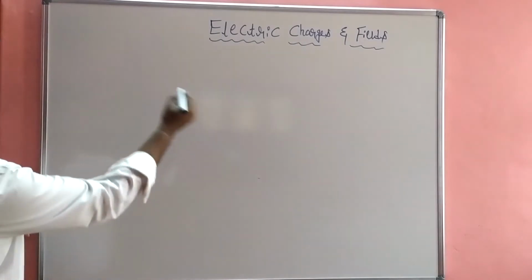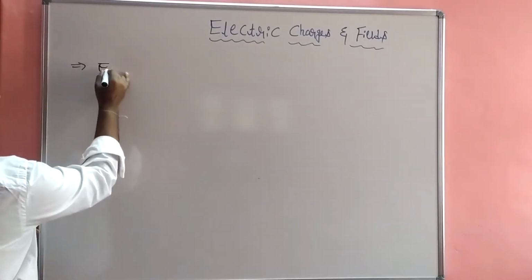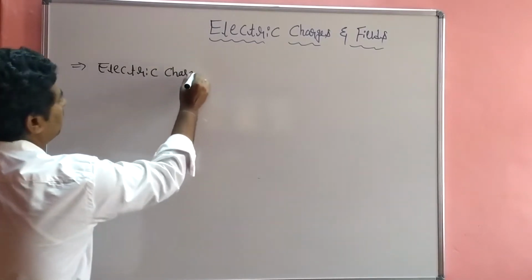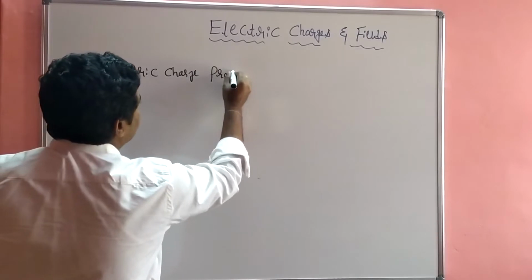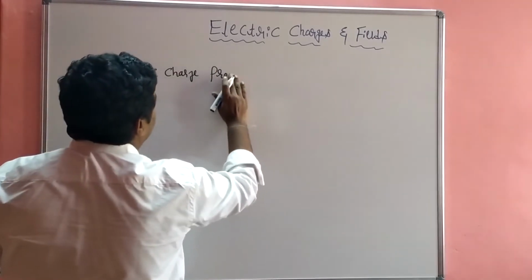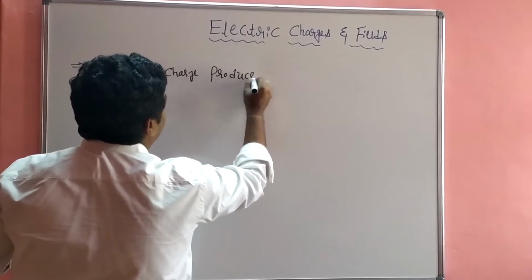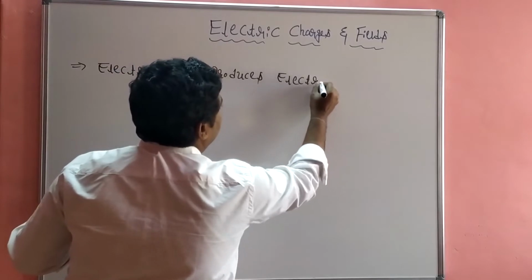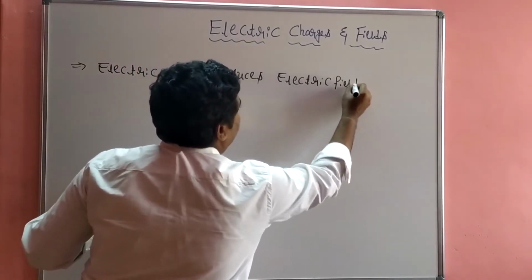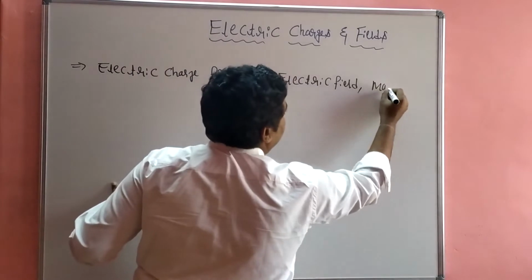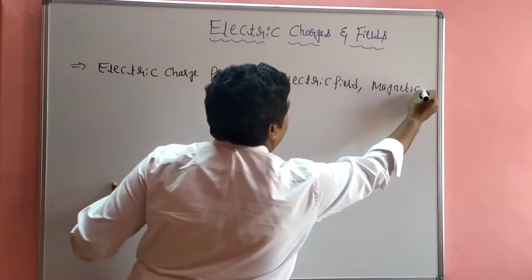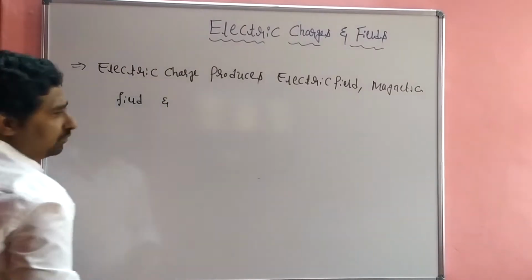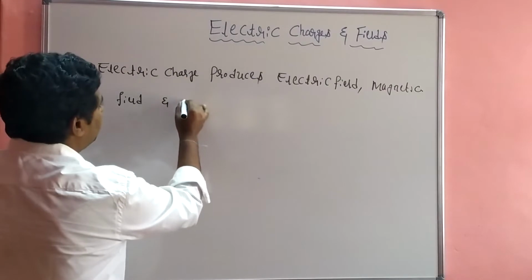So the electric charge produces electric field, magnetic field and also radiant energy, radiates the energy.